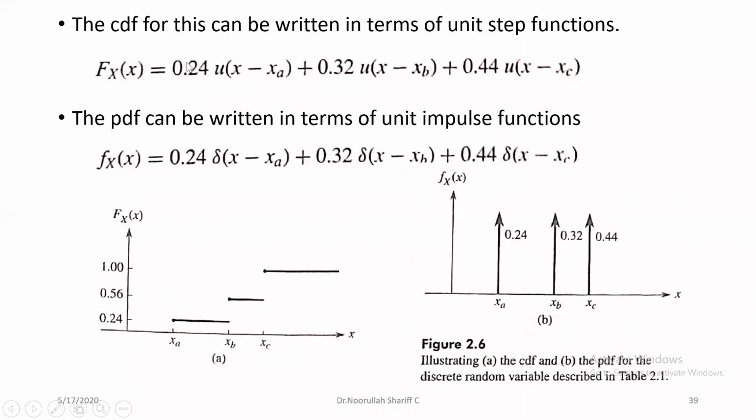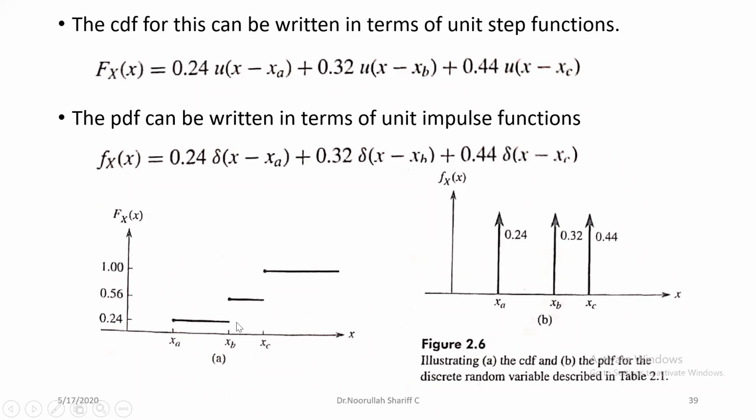Therefore 0.24 plus 0.32 gives us 0.56. For all values x greater than xc, u of x minus xa, u of x minus xb, and u of x minus xc will all be equal to 1. So at that time we have 0.24 plus 0.32 plus 0.44, and the total is equal to 1.